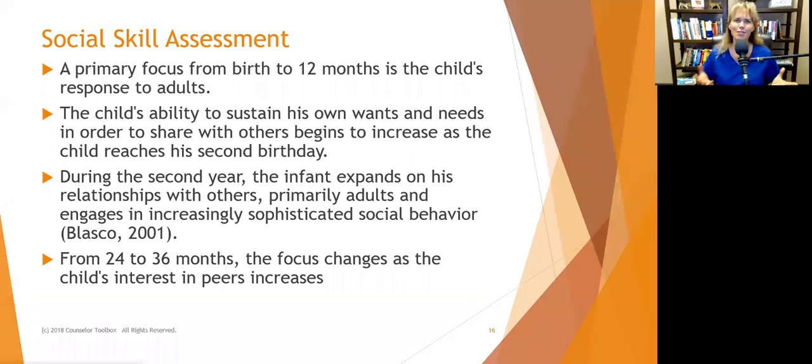So think about 2-year-olds. This is a lot of times when you start having little tea parties and they start sharing and playing with their little friends. From 24 to 36 months, the focus changes as the child's interest in peers increases. So we do want to look for that switch from being parent-focused to other child-focused between 24 and 36 months.